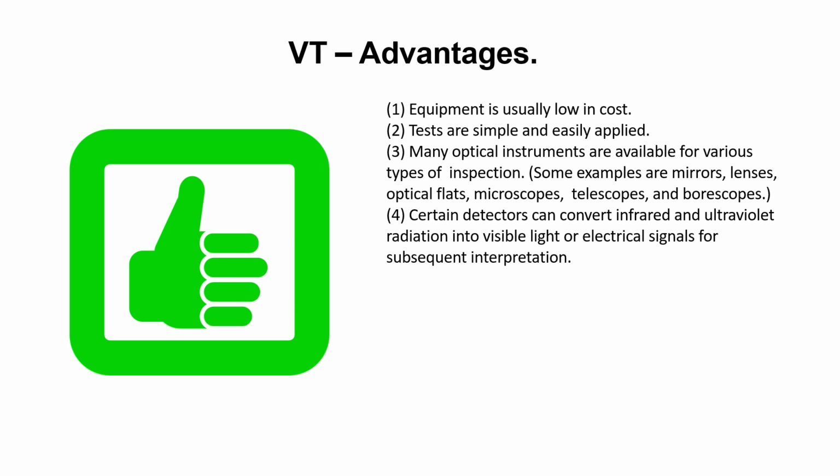Certain detectors can convert infrared and ultraviolet radiation into visible light or electrical signals that we can interpret. We can use TV cameras to look at something remotely.